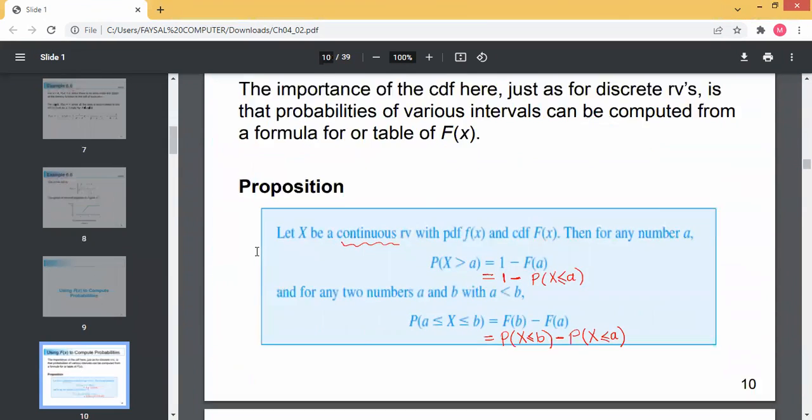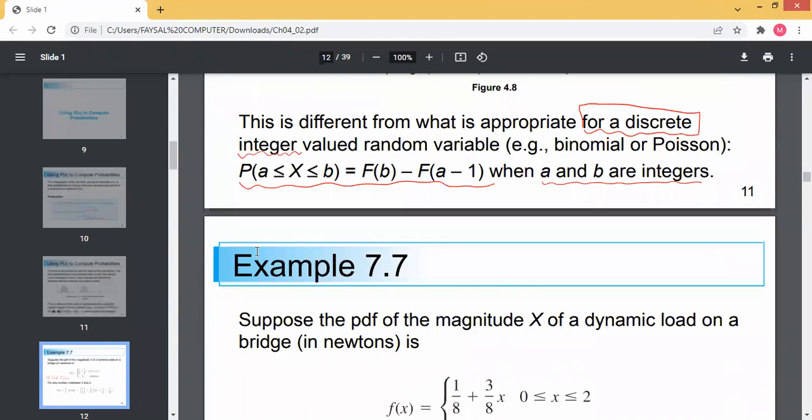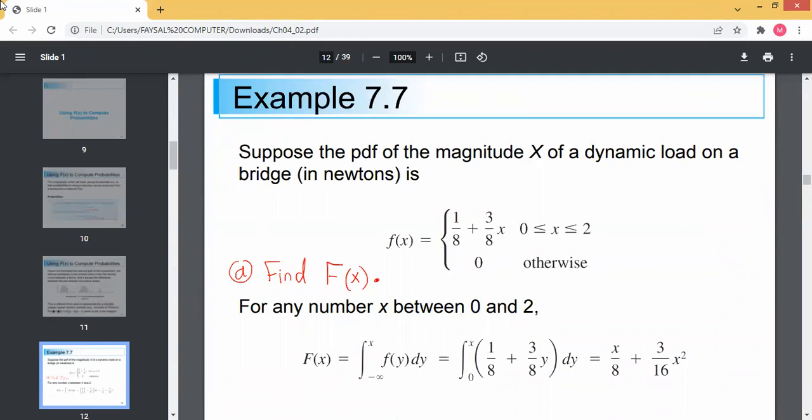Okay, now the next problem is 7.7. Suppose the PDF of the magnitude x of a dynamic load on a bridge in Newton is f of x equals 1 upon 8 plus 3 upon 8 x, when x is less than or equal to 2 and greater than or equal to 0, that is from 0 till 2.